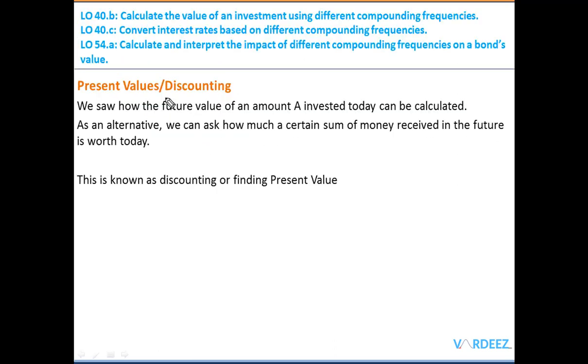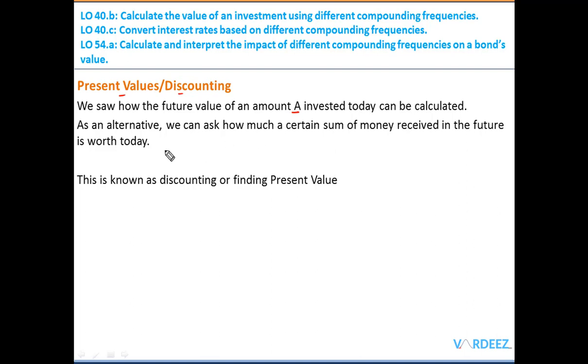All right, moving on, we have another topic, and that is present value and discounting. Now, present value is one of the essential concepts in time value of money. When we were learning about time value of money, we talked about future value, right? We have seen how the future value of an amount A, if you invest it today, can be calculated, with formulas based on different compounding frequencies as well.